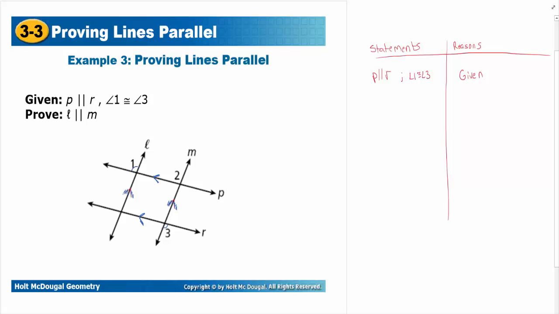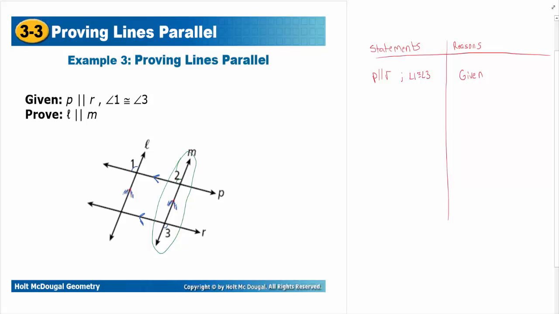Since these are parallel, I can use the theorem for this line right here. This is a transversal. I can use one of my old theorems from 3.2. These are alternate interior angles, so I can state that those two angles are congruent. I'm able to do that because they said that P and R are parallel, therefore M is a transversal going through those.